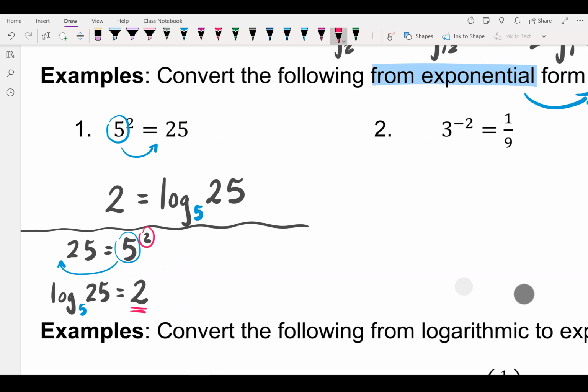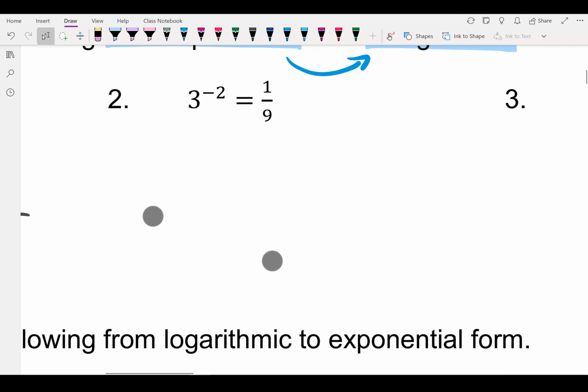Let's get some more practice. Question 2. For this one, we see that this is the base. We know it's the base because it's something raised to a negative 2. That's our base, our bottom number. Bring it over here, make it the base of a log, and bring this negative 2 down. So the negative 2 pops down.